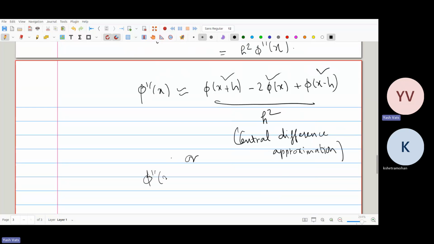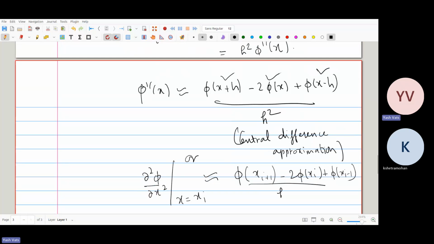If you want to use partial derivatives, I just write it like this: del 2 phi over del x square at x equal to xi is approximated as phi of xi plus 1 minus 2 phi xi plus phi xi minus 1, divided by h, that is del x square.